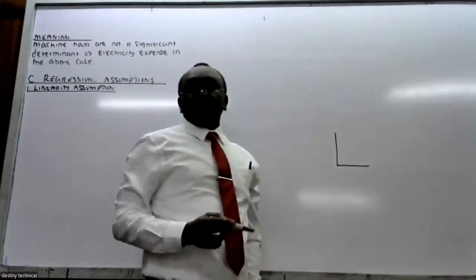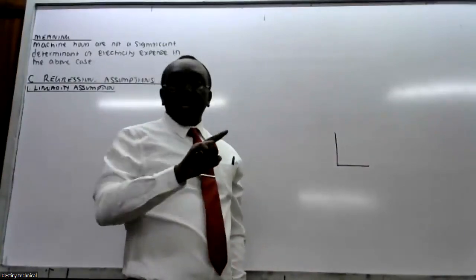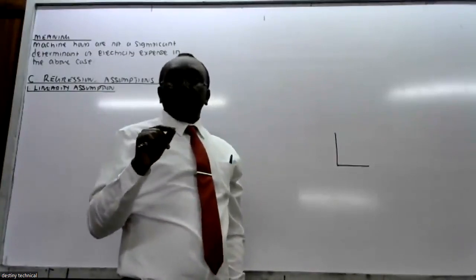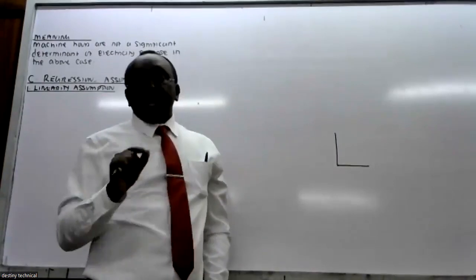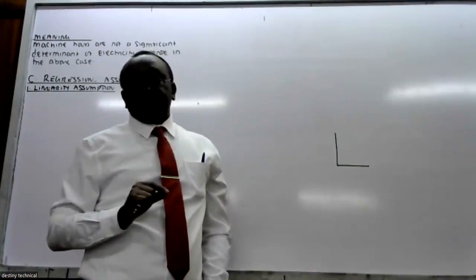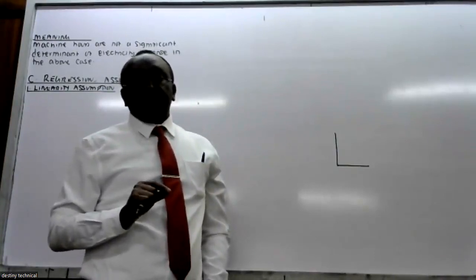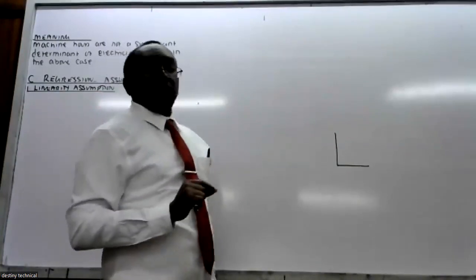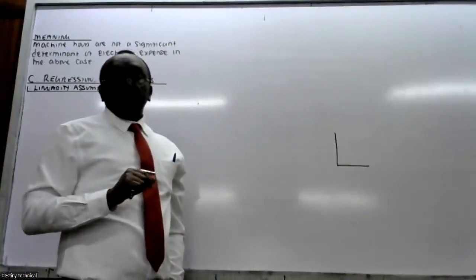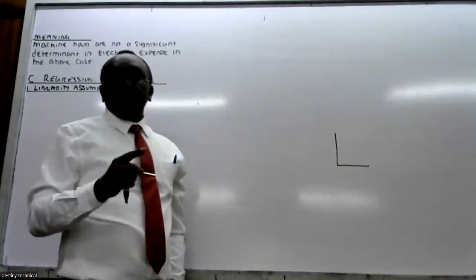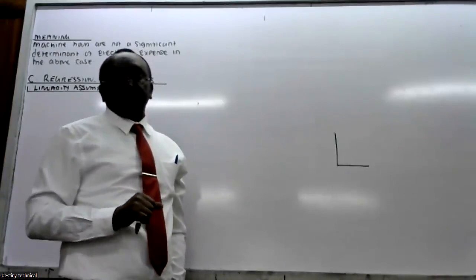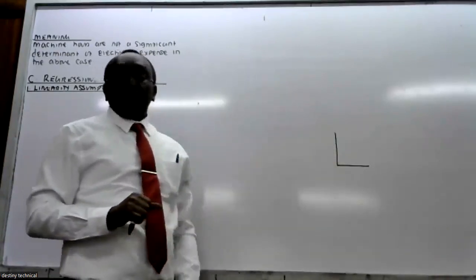When you plot the values of x and y, if you see a straight pattern, that tells you the relationship is linear. But if you see a nonlinear pattern that is not straight, that tells you linearity has been violated. So what we are going to do in our case is to use the second method, which requires you develop the equation and then you confirm whether it takes the shape of y equals a plus bx. Because now here we cannot plot.